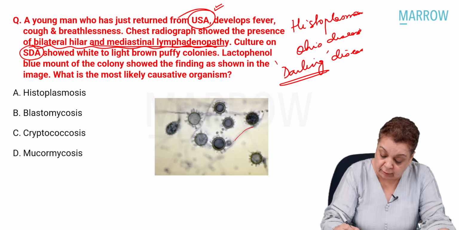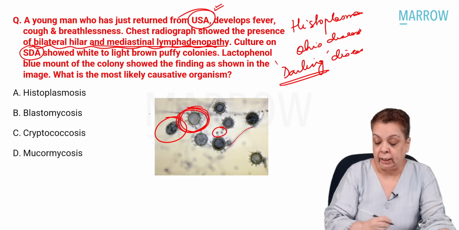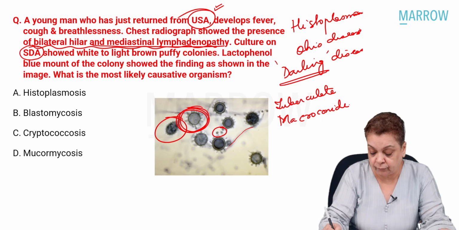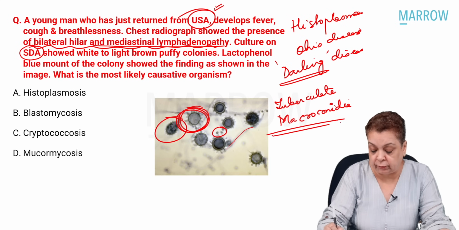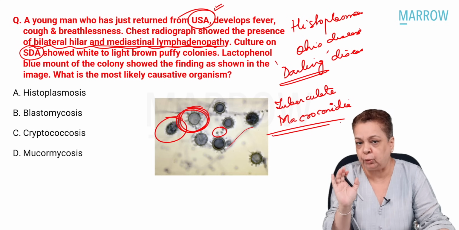Lactophenol cotton blue mount of the colony showed the findings as shown in the image. So you can see some hyphae, you can see tiny microconidia, and you can see the biggest clue. These are the tuberculate macroconidia of Histoplasma. Very important. The morphology of the dimorphic fungi is very, very important.